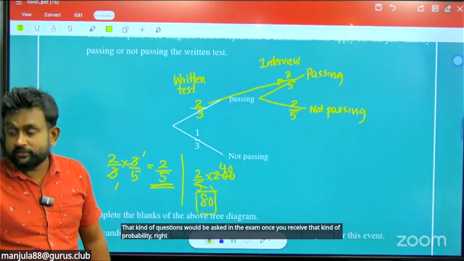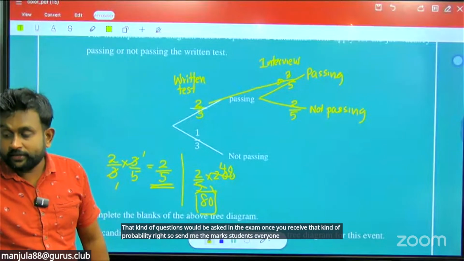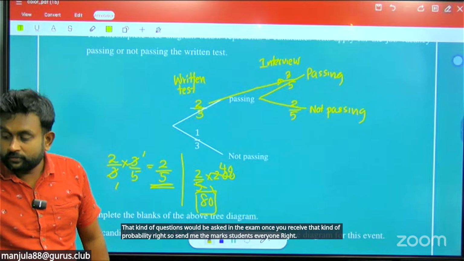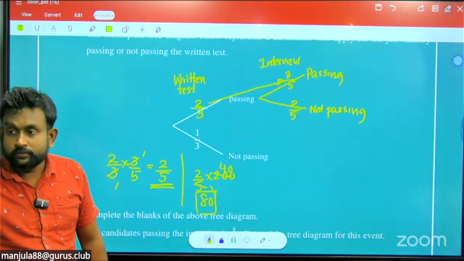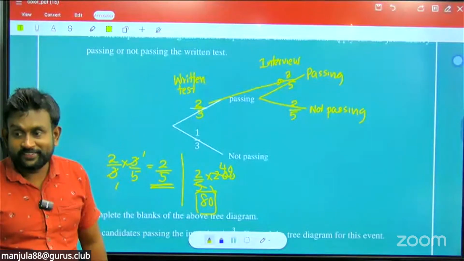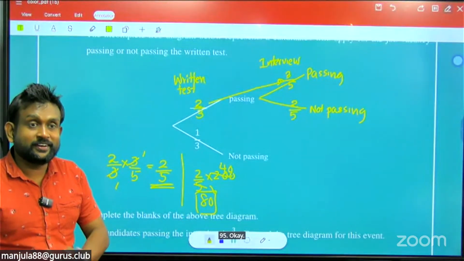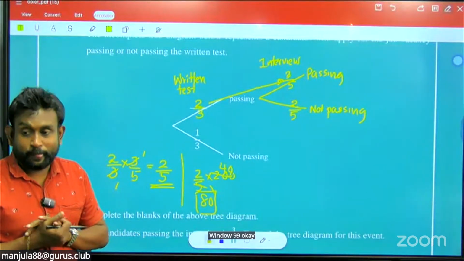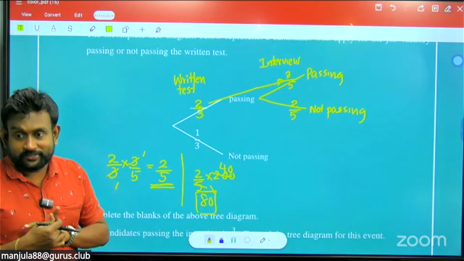So send me the marks, students, everyone, right? 95, okay? Everyone send me. Window 99, okay. What about others?